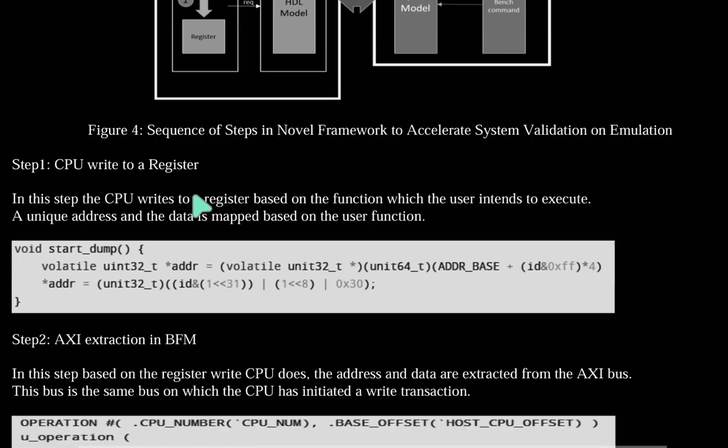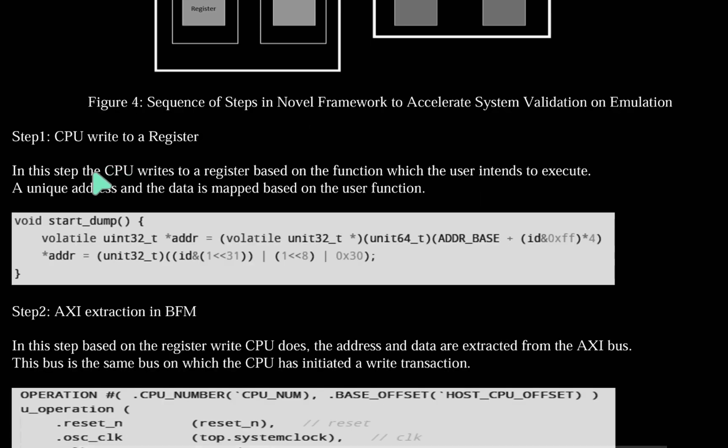Step 1. CPU writes to a register. In this step, the CPU writes to a register based on a function which the user intends to execute. The unique address and the data is mapped based on the user function.